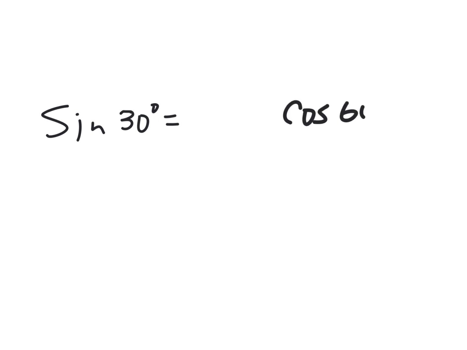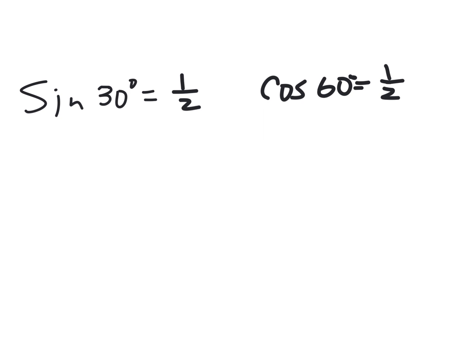All right, just to show you something, this is just a quick aside. Sine 30, cosine 60. You ever noticed they're the same? How about what we just did was tangent of 45. And, oh wait, what was it again? 1, right? And cotangent of 45.